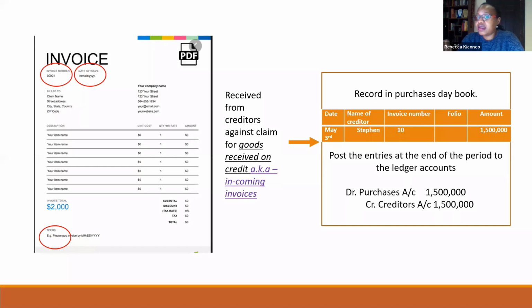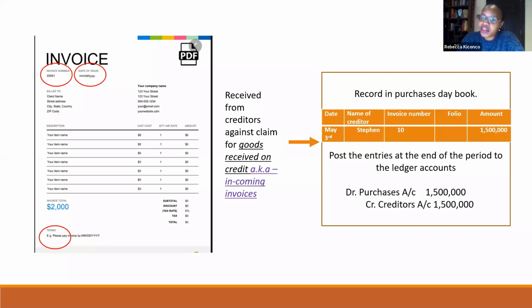You remember that goods bought on credit are actually liabilities. So we owe these people money against what we call purchases. So at the end of the period, in this case, we only have Stephen. We bought goods from Stephen amounting to 1.5 million on the 3rd of May.